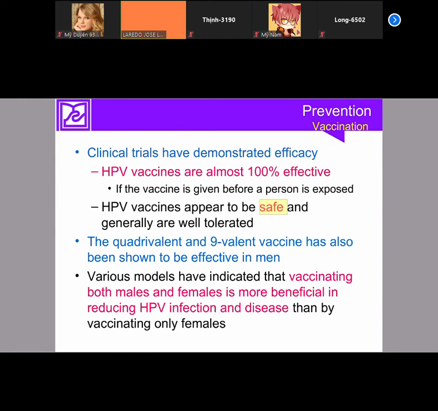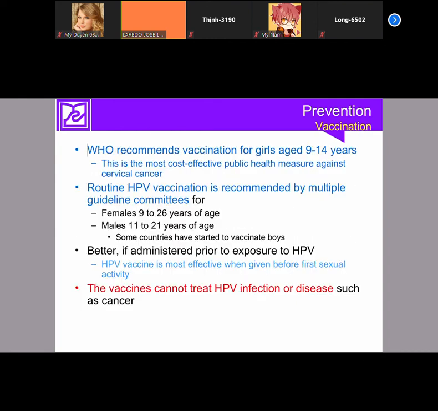Currently, the World Health Organization recommends the vaccination of girls between 9 to 14 years old. In many countries, females are vaccinated from 9 to 26 years of age. These vaccines should be given before the first sexual relationship to prevent the infection, of course.